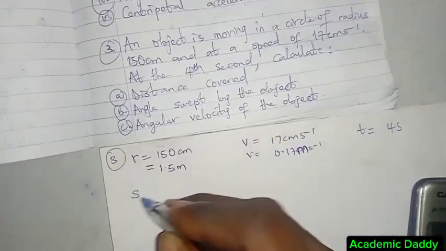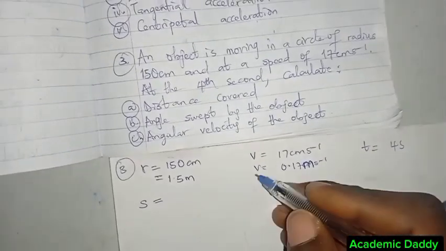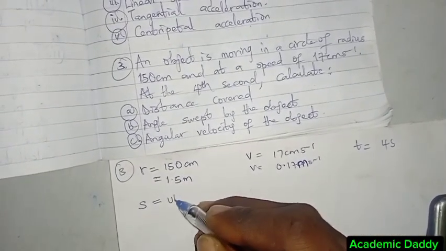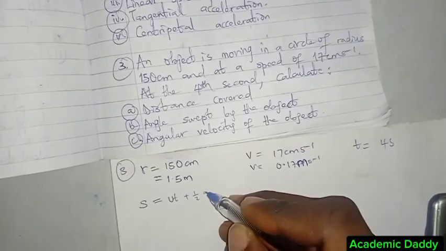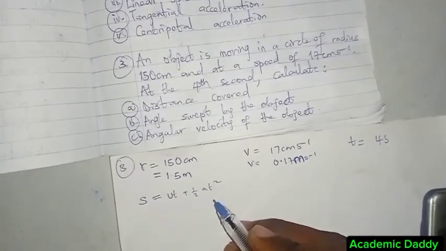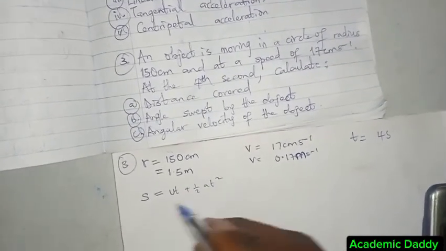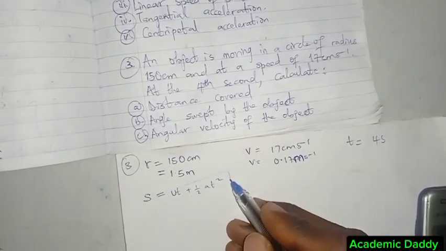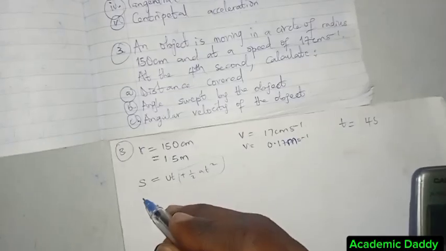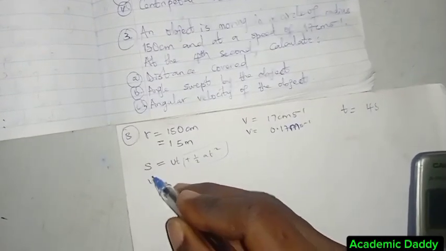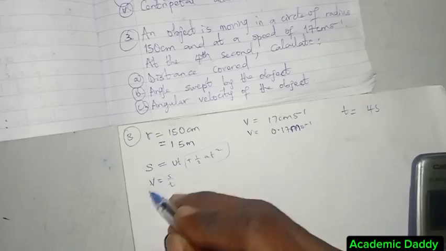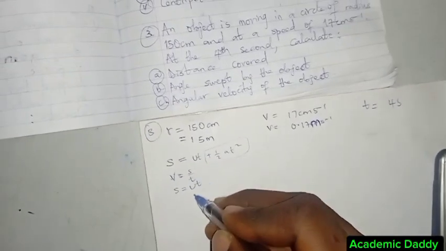Now let's say distance covered. We know that distance s is equal to ut plus half at squared. But we notice that distance also arises when we are given this, and we know that v equals s over t, which is the same thing as saying s equals ut.